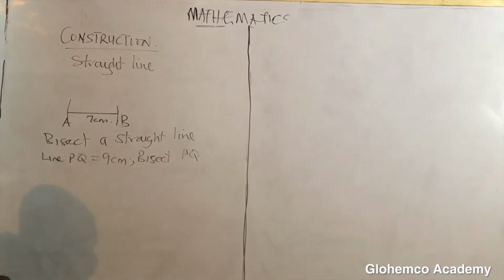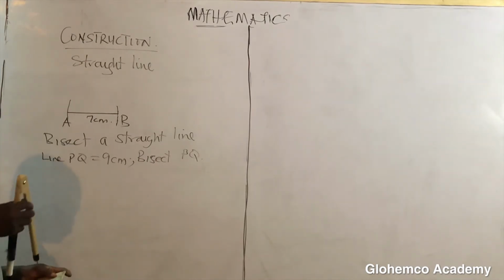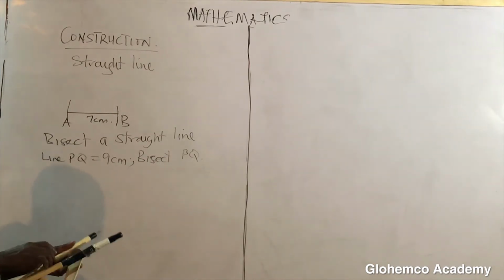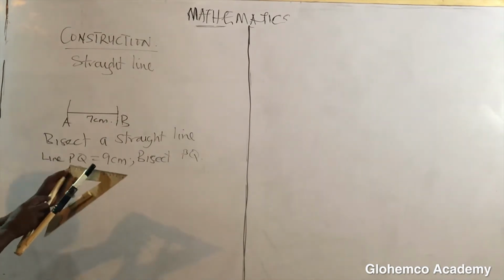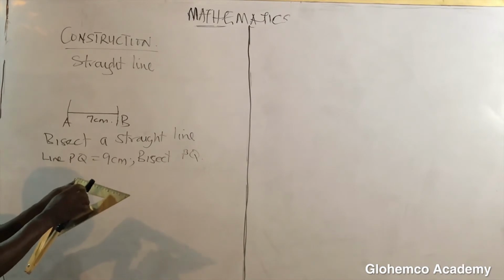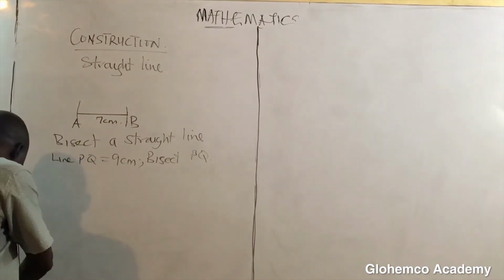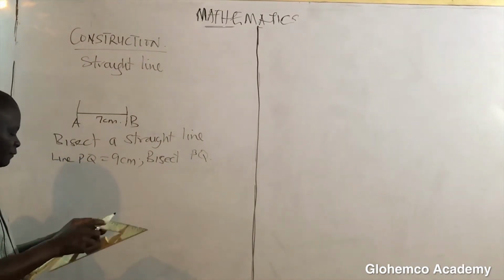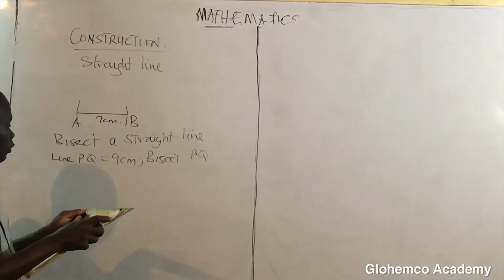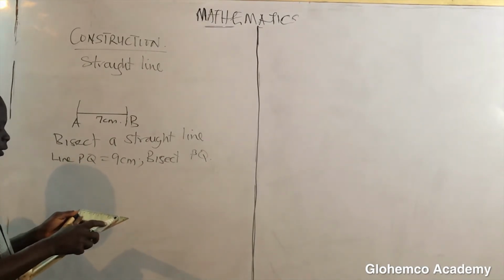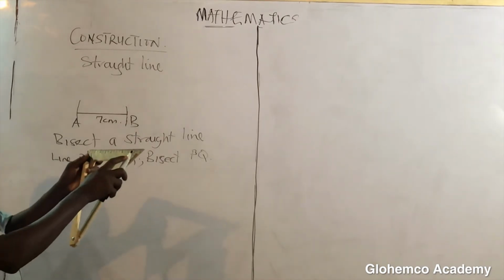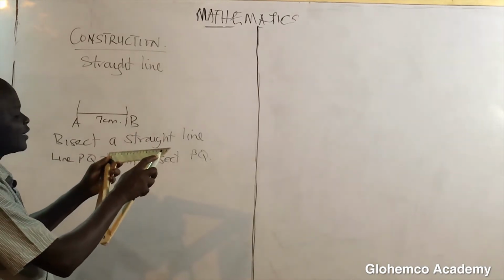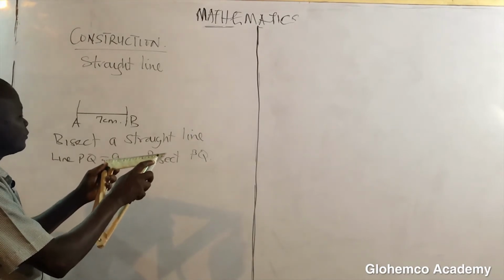Here, we place the nail end on 0 on our ruler and open our compass to 9 centimeters. Make sure that the tip end rests on 9 exactly, according to what you are given.